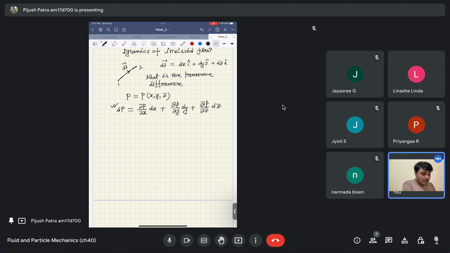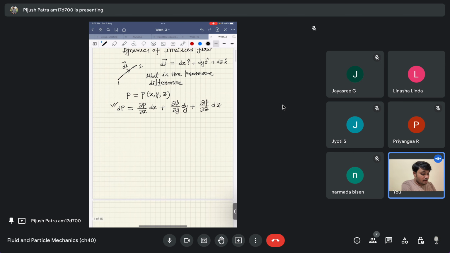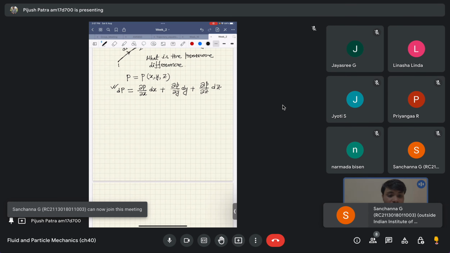Up to this it is clear, and in general the pressure is a function of x, y and z, and this dP from the rule of partial derivatives I can write in this way. Okay, I think so far there is no problem, right?